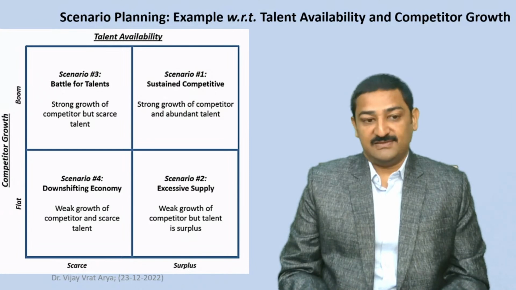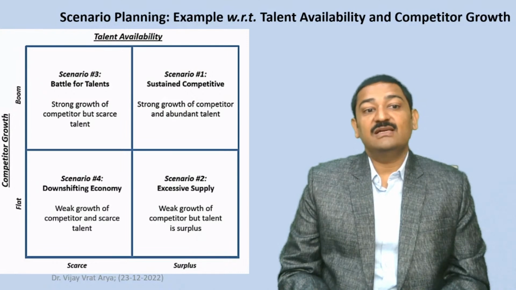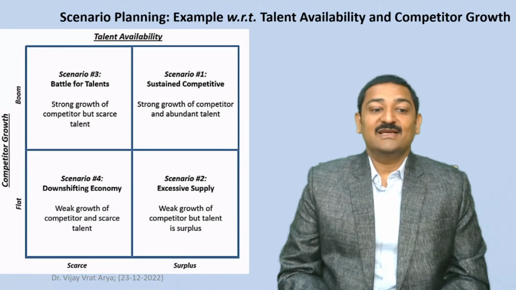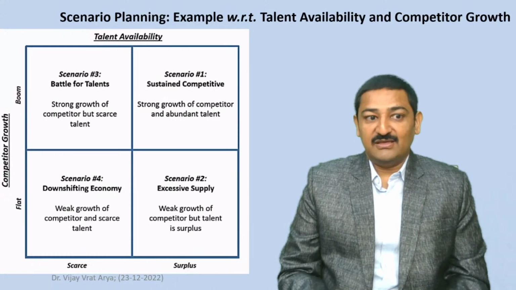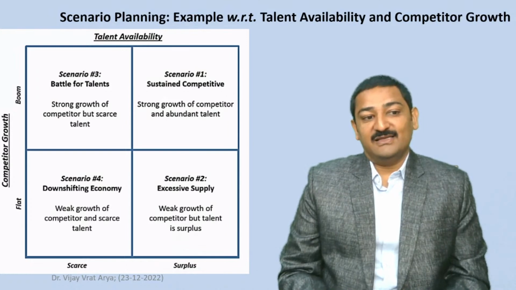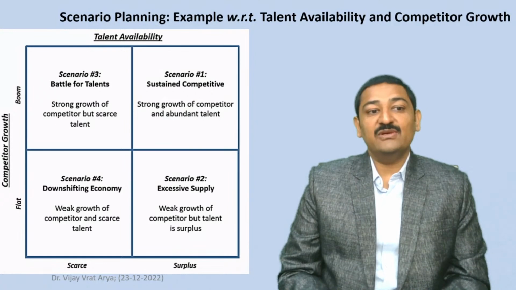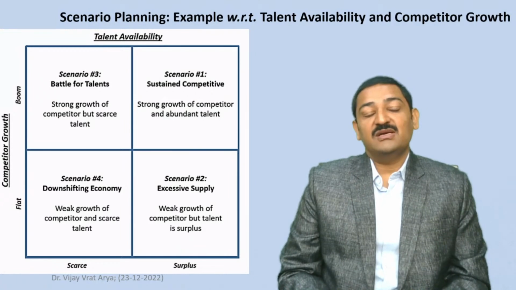If we refer to scenario three, which is the battle for talents, in that case the talent is scarce in terms of shortage, and at the same time the competitor growth is booming. So in this scenario, there is strong growth of the competitor, but the talent is scarce.